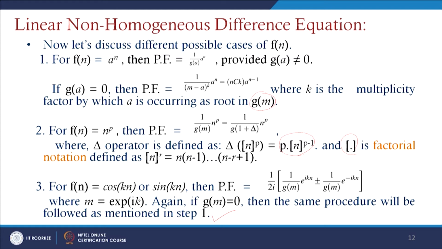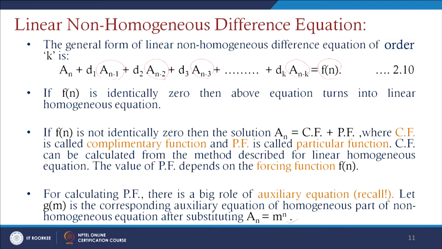For the complementary function, we put the variable in the form of m to the power n, and then determine the roots. If you see the slide, we have a polynomial of order k: a_n plus d_1 a_{n-1} plus d_2 a_{n-2} plus d_3 a_{n-3} up to d_k a_{n-k} equals f(n).